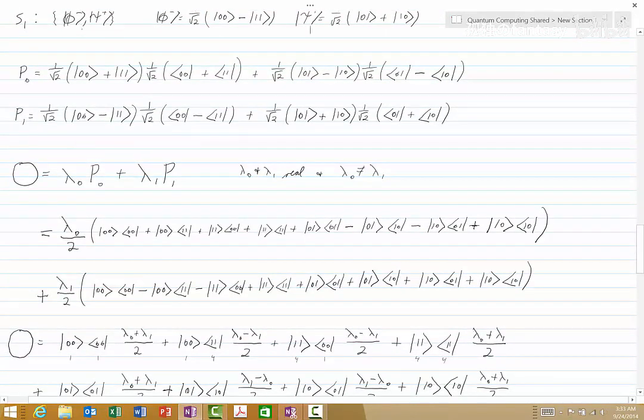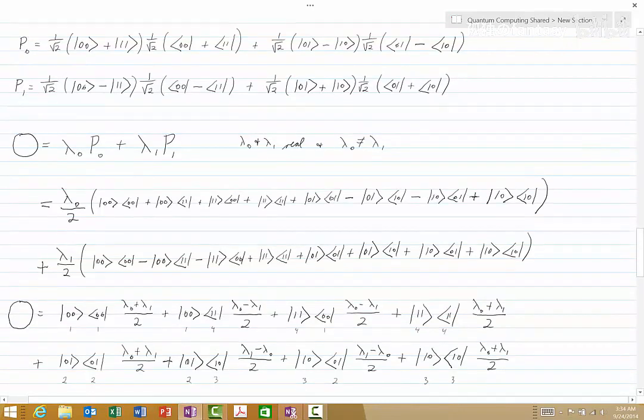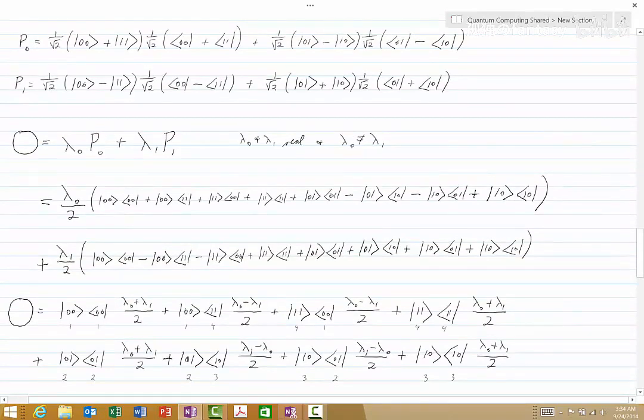Now when you take a look at these two terms that we've just generated, you see that there are a lot of similarities which help us to combine all this and write it a lot more compactly. For instance, the 0, 0, 0, 0 operator is common to both, so we'll factor it out, and that's getting multiplied by lambda 0 over 2 plus lambda 1 over 2, which I can write as lambda 0 plus lambda 1 over 2.